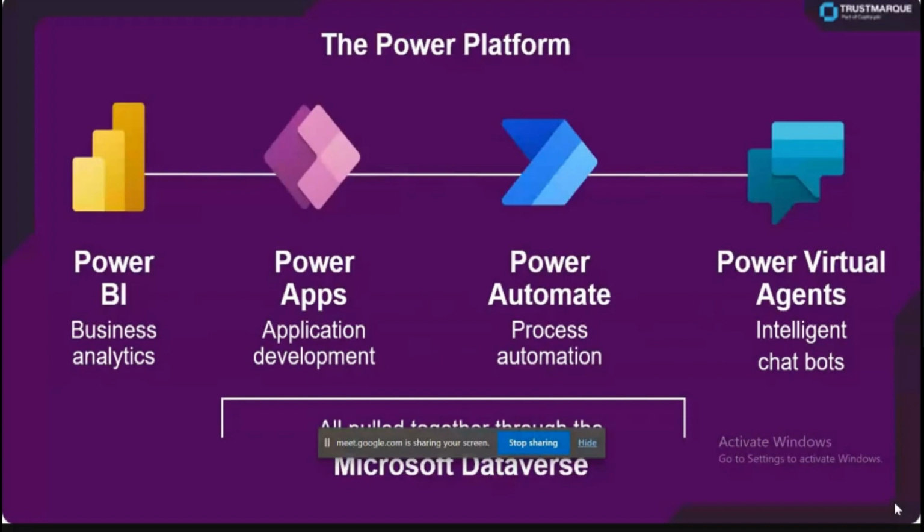Platform. So the Power Platform is made of Power BI, as I've said, and the Power Apps, which is used for application development, the Power Automate, which is a process automation system, and the Power Virtual Agent. That's a new introduction to the Power Platform. Okay, so again, when you talk about the Microsoft Power Platform, you've got to think in terms of these four platforms.